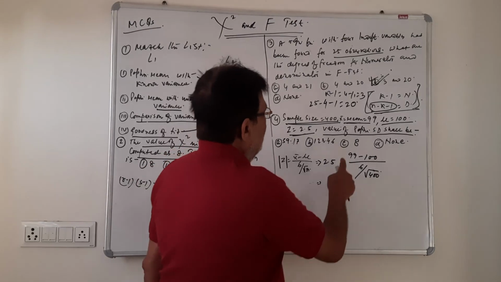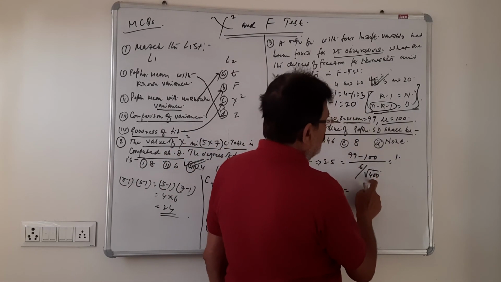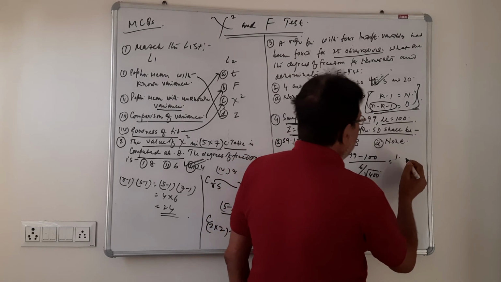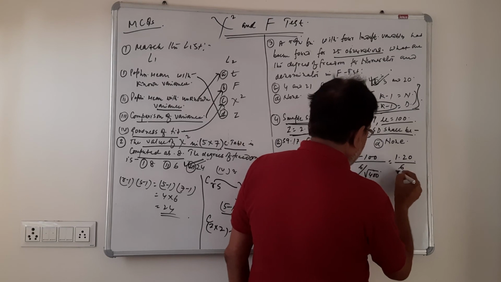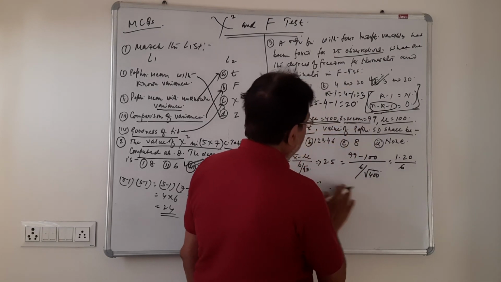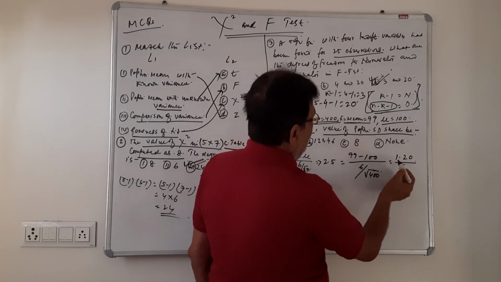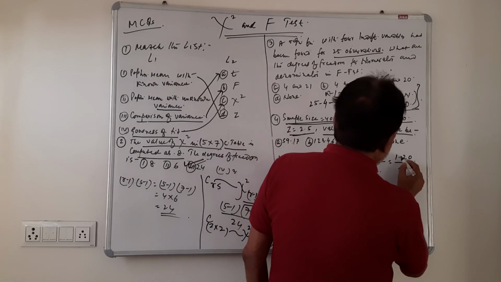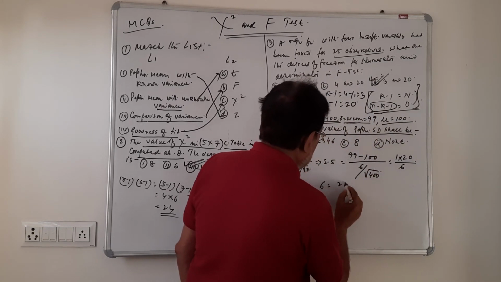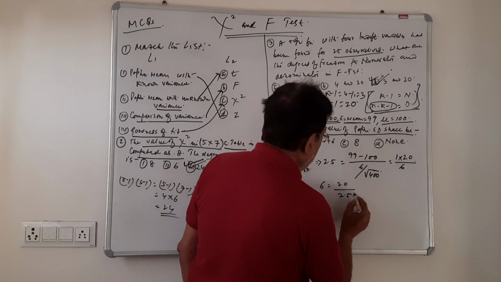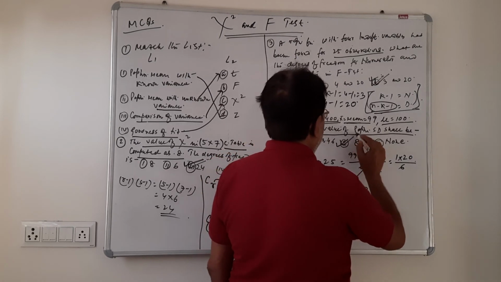So 99 minus 100 would be taken as 1, and this root 400 goes in the numerator and becomes 20, divided by sigma. So 2.5 equals 1 into 20 divided by sigma. So sigma is 20 by 2.5, and that is 8. So 8 would be the answer.